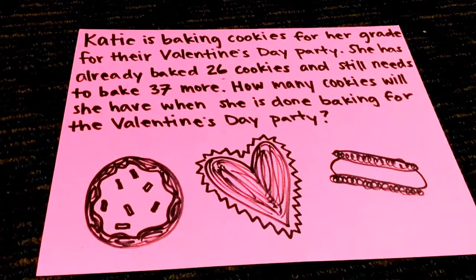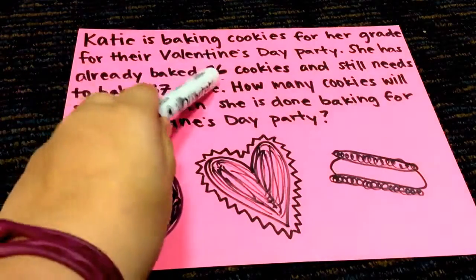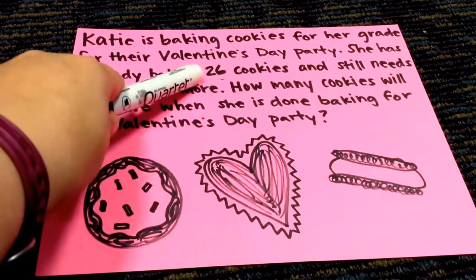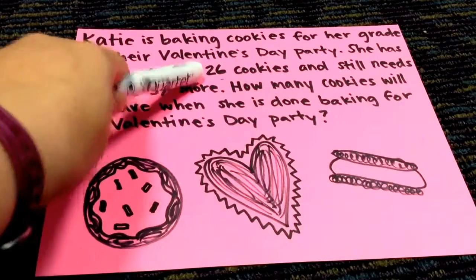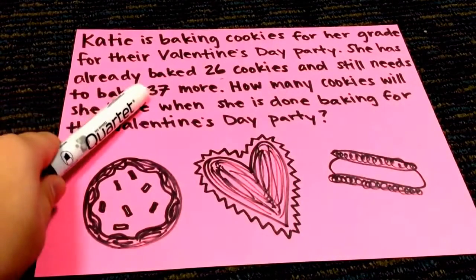Today we will be solving this problem by using the place value approach and set model. So first, let's look to see what our question is asking us. It says that she already baked 26 cookies right here, and she still needs to bake 37 more.